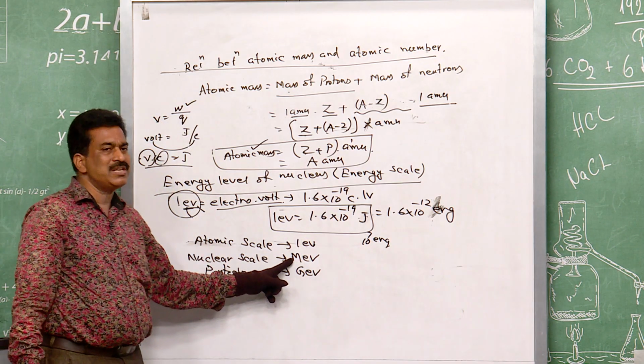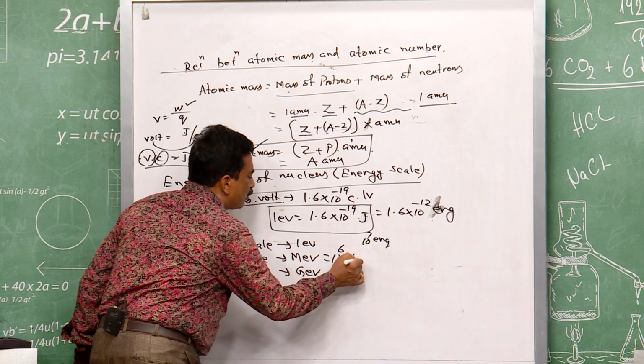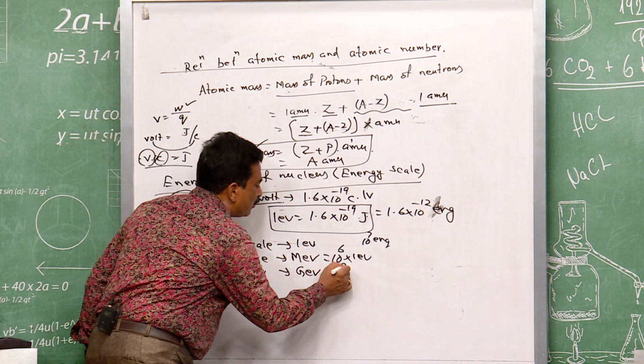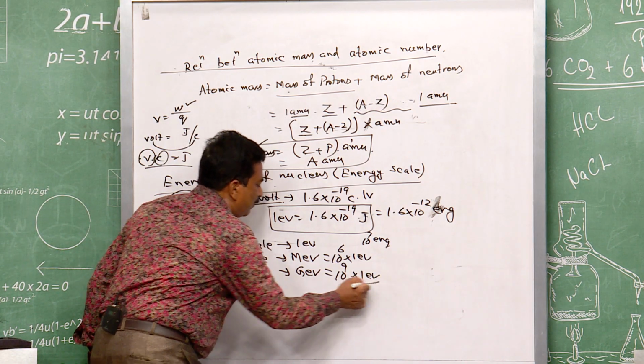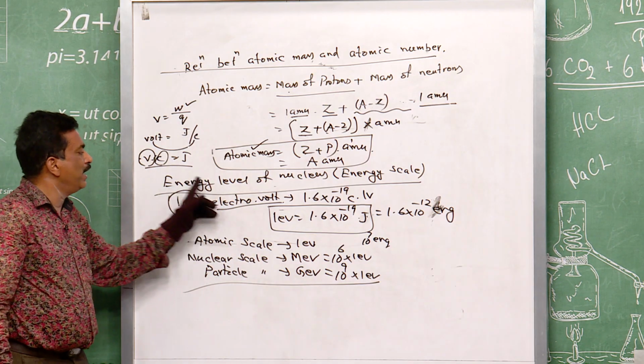So this M means million. Million means 10 to the power of 6 into 1 eV, and this giga means 10 to the power of 9 into 1 eV. These are the energy levels which are measured in this scale.